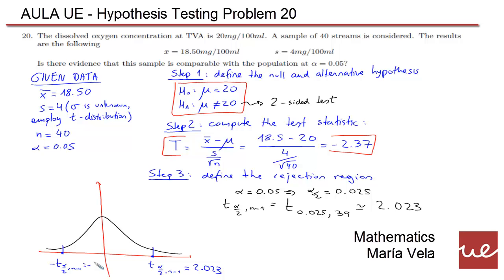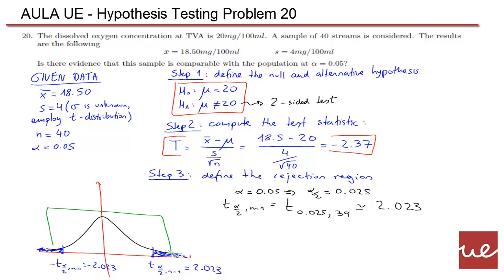So the rejection region for this particular example goes from minus infinity up to minus 2.023, and then from 2.023 up to infinity. I just put it here in blue. Let me just notice that for this example, capital T, the test statistic, minus 2.37, is just inside the rejection region.